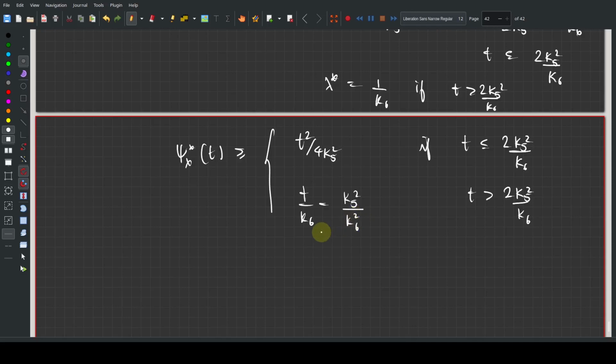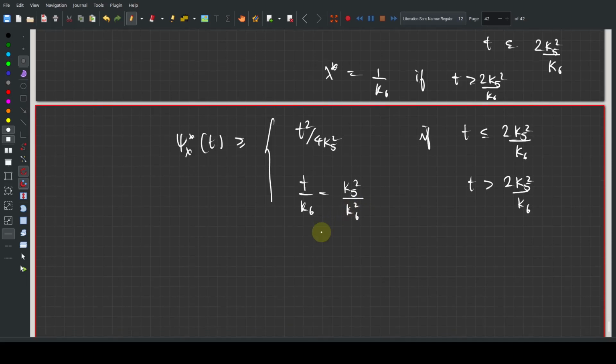Correct? So what does the tail bound look like?